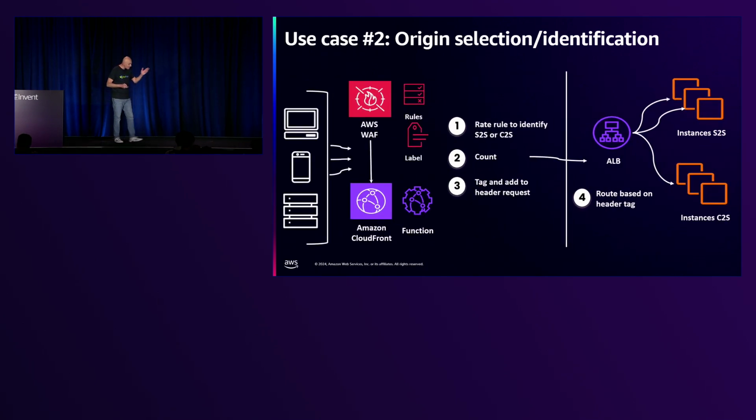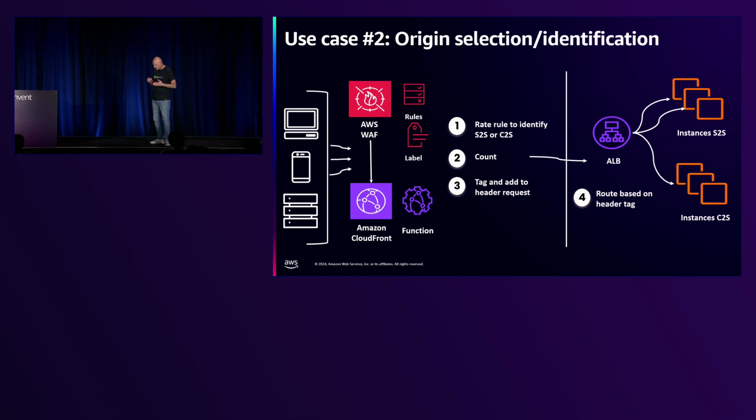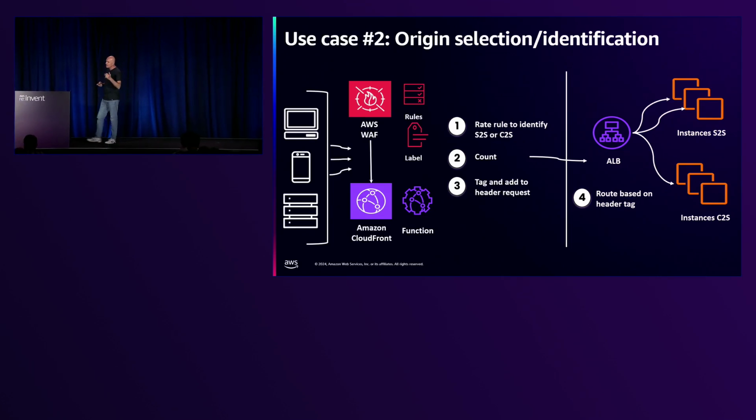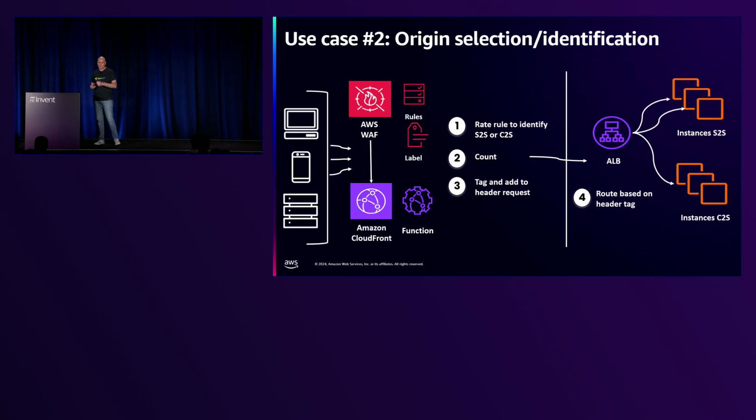So data is arriving from different kinds of devices, going through Route 53, same as before. But instead of counting on the query param, we add a rate rule where we define what is a rate rule for server and what is a rate rule for client. We start to count, and we tag every request based on the rate, whether it's a client or server.